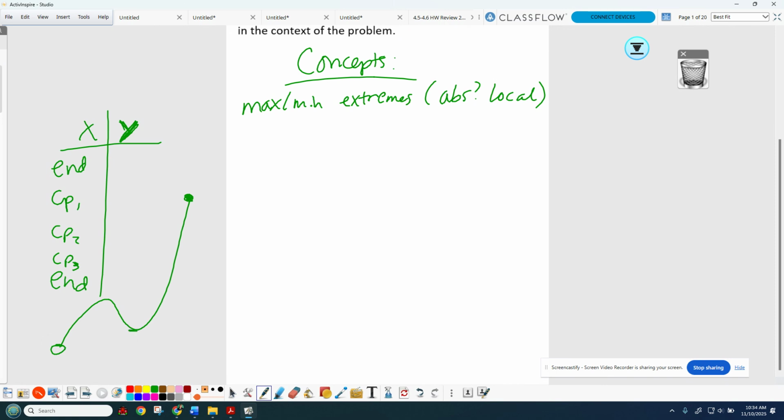There's a local, there's an absolute, but no absolute min. So, be able to check. What else? Points of inflection.